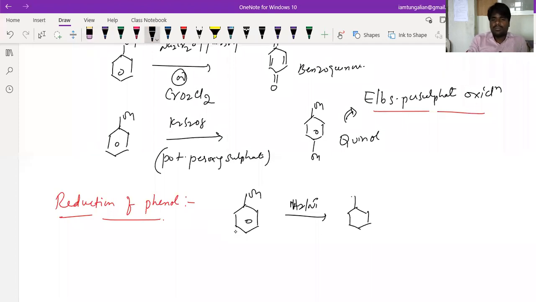This is your phenol, and this is your cyclohexanol.